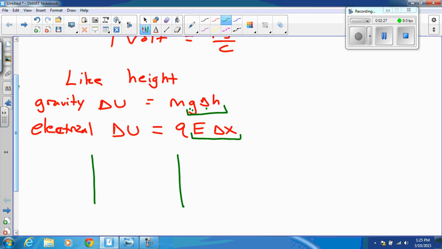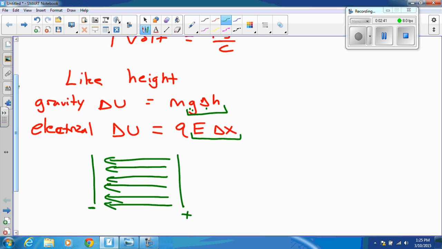And in particular, here's our first concept. If I have 2 metal plates that are charged up plus and minus, so that a constant electric field exists between them, notice the direction of the electric field, it goes from plus to minus like you would expect.